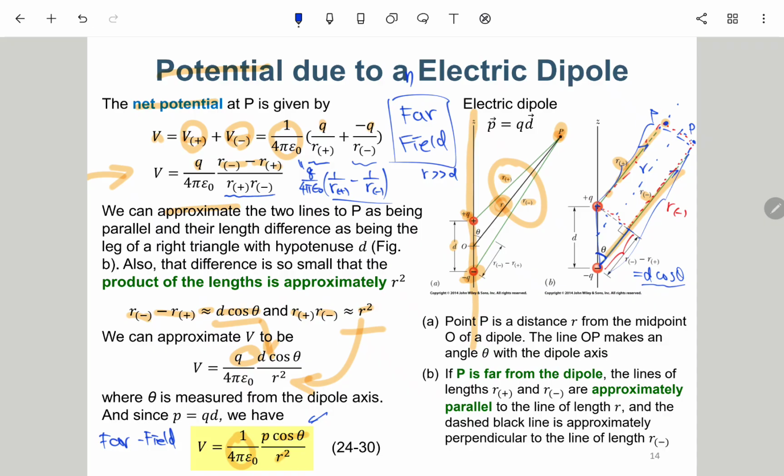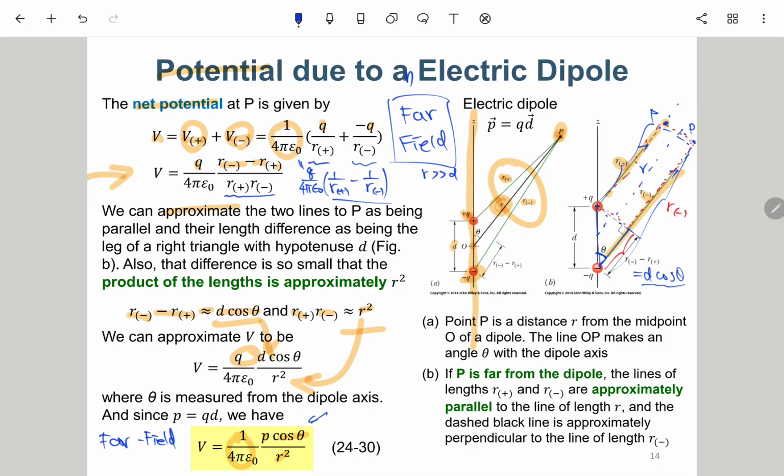If theta is 90 degrees, cosine of 90 degrees is 0. Cosine of 0 degrees is 1. So if it is along the dipole, the potential will be maximized. Of course, on the opposite side it is negative, but the magnitude is still maximized.